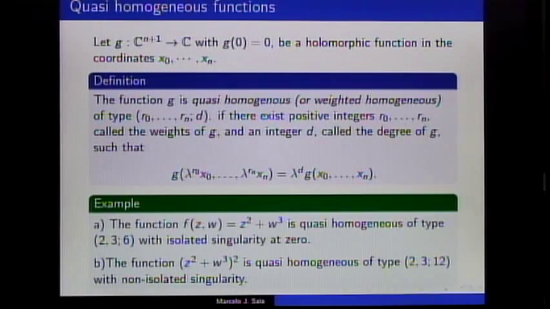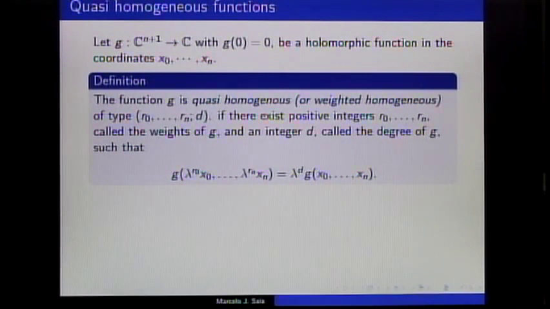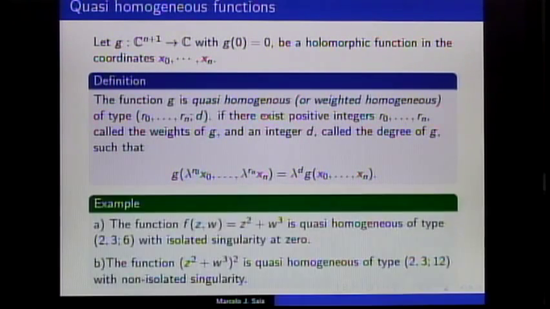This is like homogenizing this function, but using different weights for the variables. For example, we have z^2 + w^3, as I told you before. This is quasi-homogeneous of type 3, 2, and 6. Oh, it's wrong, sorry. This is 2, so I need to put 3 here, 2 here, and 6, if I look at the variables z and w.